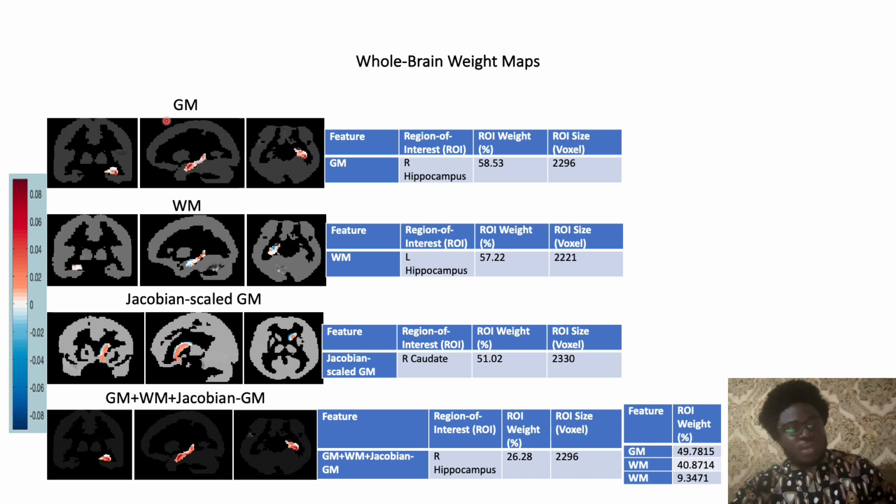So we found out that the gray matter showed that the right hippocampus contributed most significantly to the disease, whereas the white matter showed the left hippocampus. The Jacobian also showed the right caudate, and the combination of the three also showed the right hippocampus.